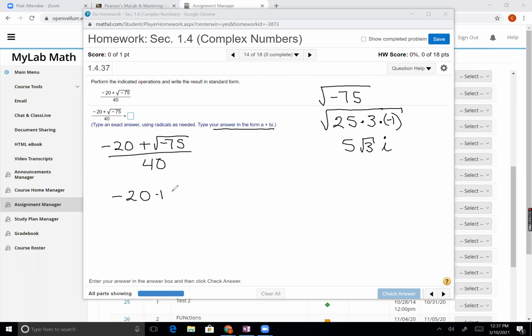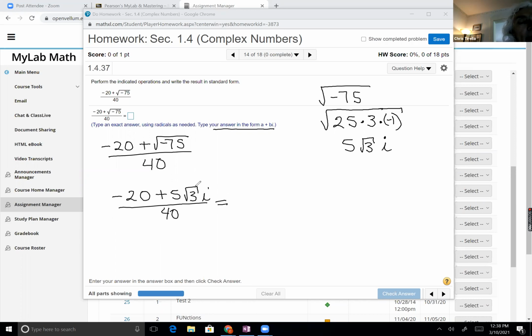So we've got (-20 plus 5 radical 3 i) all over 40. Right now that's one single fraction, and we want to split it up so that we have a distinct real part and a distinct imaginary part.